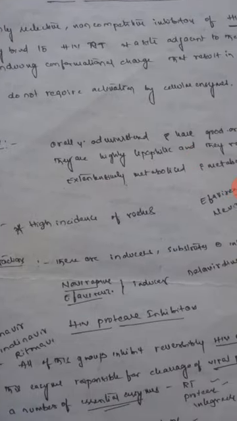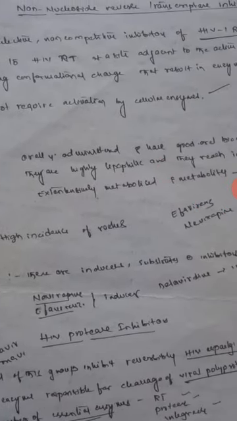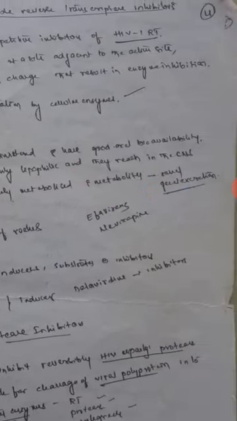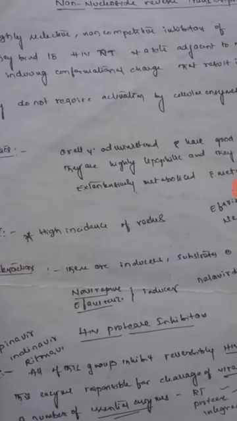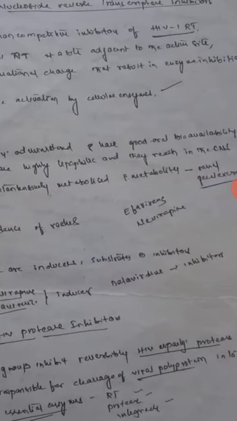They bind to a site adjacent to the active site, inducing conformational changes that result in enzyme inhibition. Please remember, they bind to the reverse transcriptase enzyme at a site other than the active site, adjacent to the active site. That's why it is not competitive; it is a non-competitive inhibition.